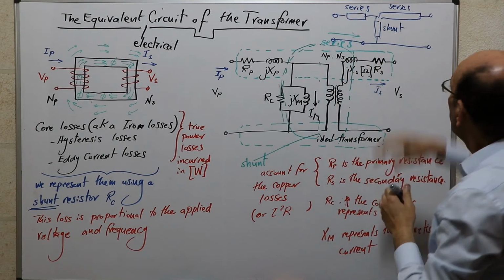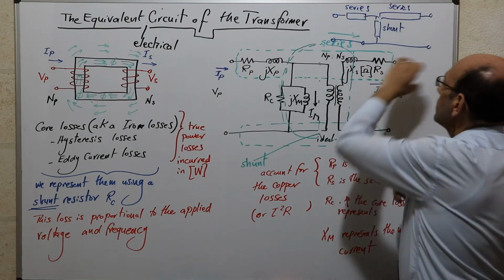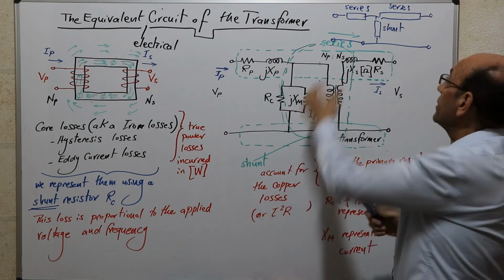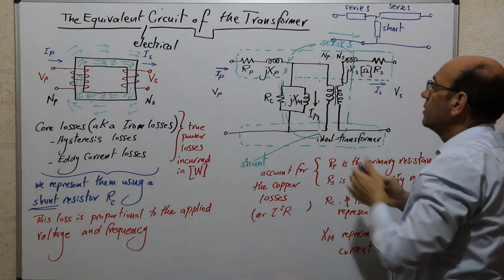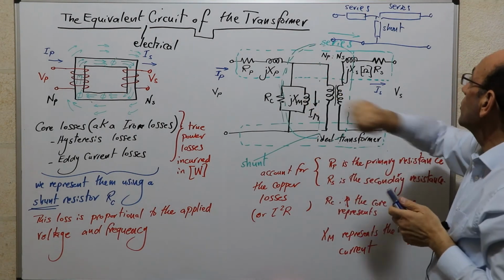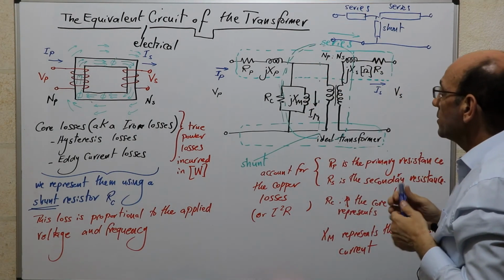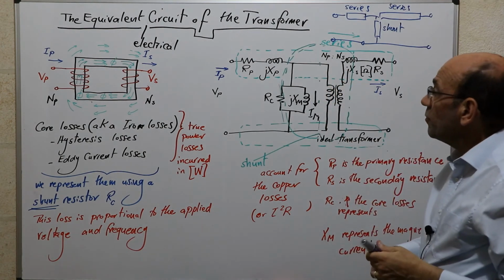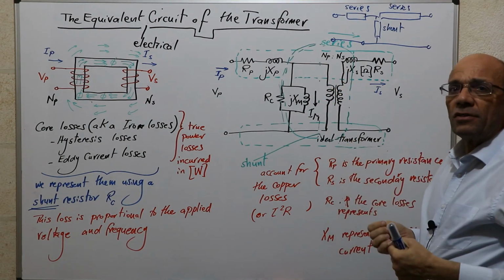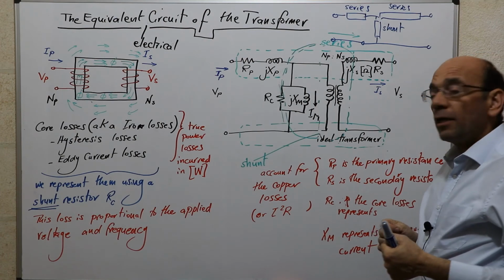So we can think of these series components as these, and we'd like them to be as small as possible, and a shunt component, which is these core components, and we'd like them to be as large as possible. And in between we have an ideal transformer. This completes the equivalent circuit model for a transformer.